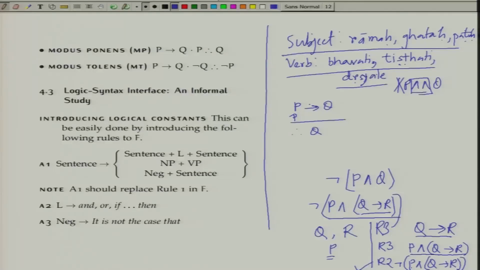We have got rid of implication here in this rule. There is another way of doing it. We could also get rid of the implication in some other way.